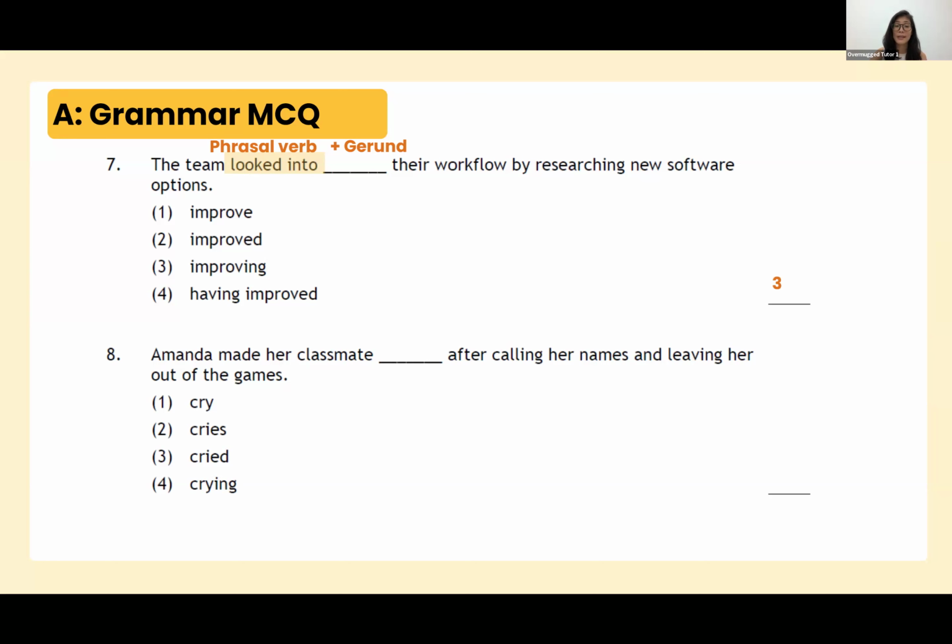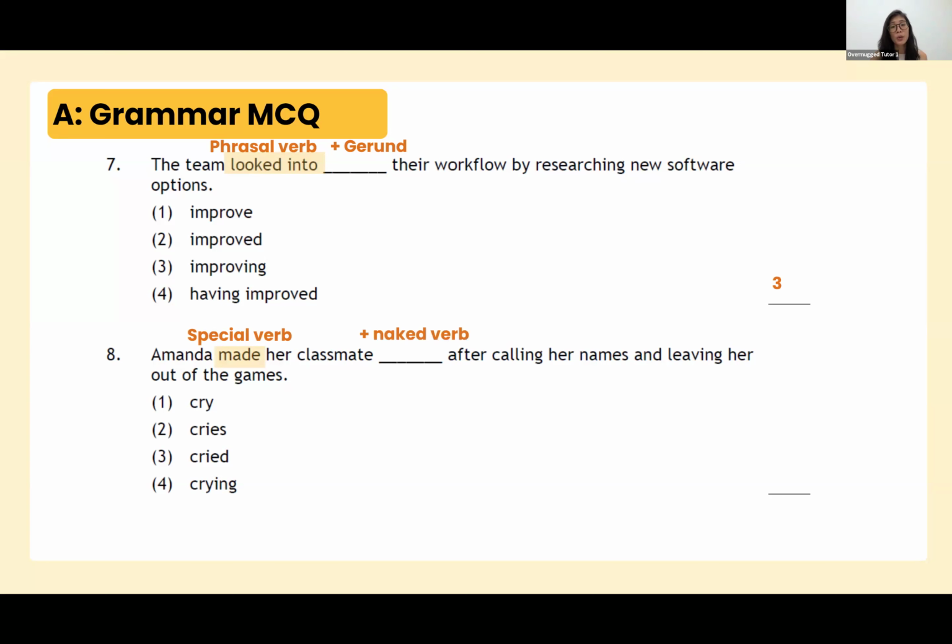Finally, question 8. Amanda made her classmate blank after calling her names and leaving her out of the games. In this case, you are tested on 4 tenses: cry, cries, cried, and crying. There is a special verb here, which is made. Now, made is a verb that when it's paired with a blank here, the blank must be a naked verb.